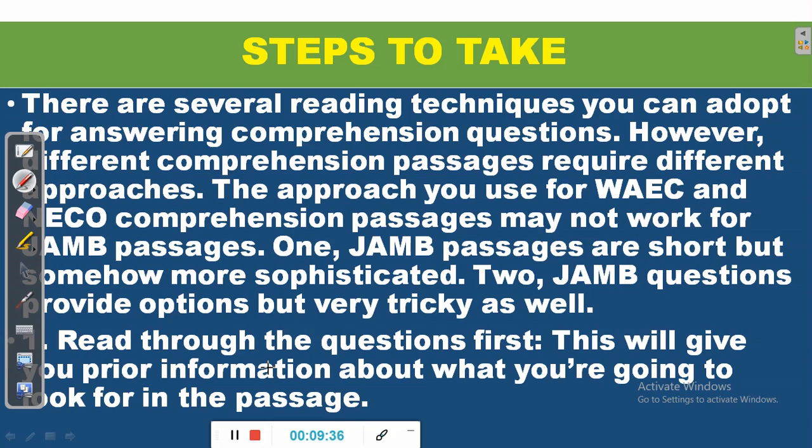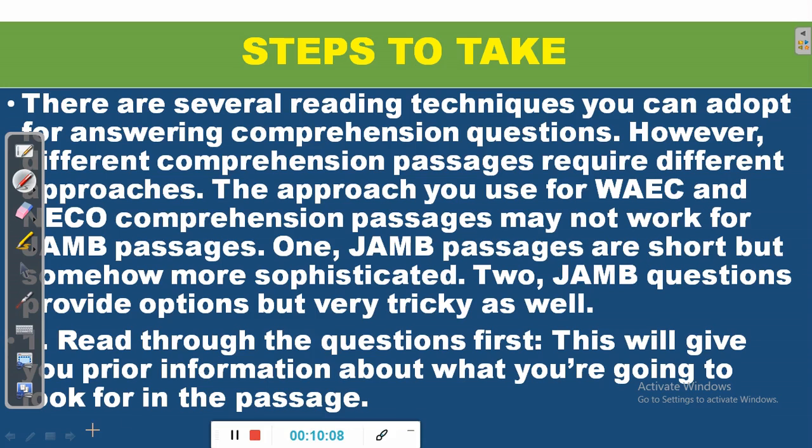Reading through the questions first will give you some prior knowledge about what you are going to look for in the passage. So you already know what you are looking for. When we get into the actual process of attempting the questions, you will see this practically.